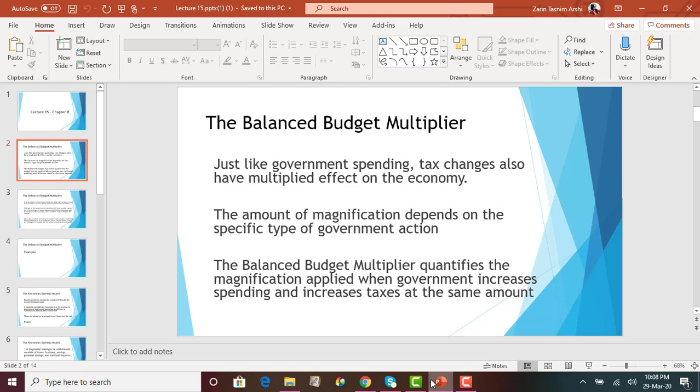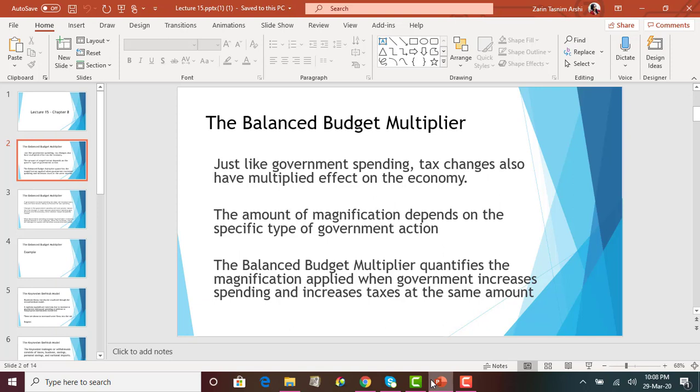On one side, when government increases expenditure, your output goes up to a greater extent. On the other hand, to finance that government spending we need to increase taxes, and when you increase taxes, it has a magnified impact on your output, and your output goes down by a greater percentage.